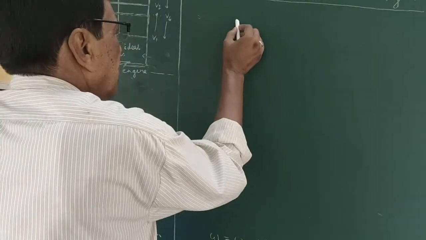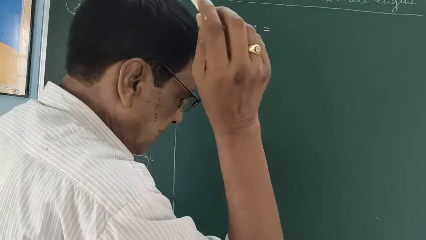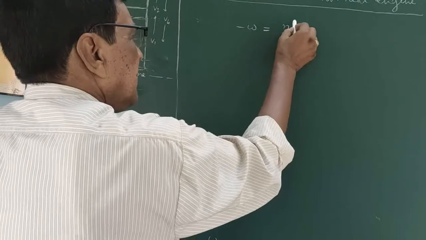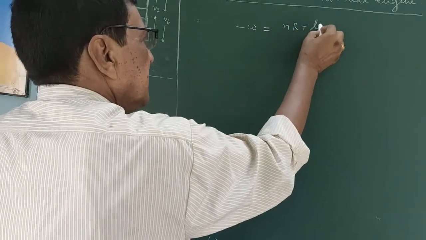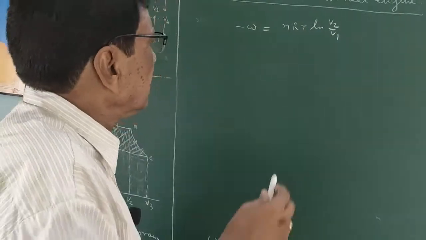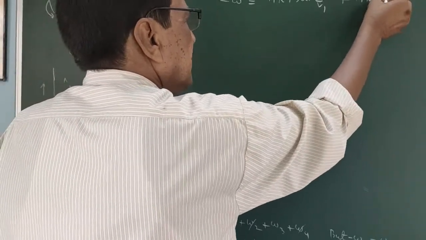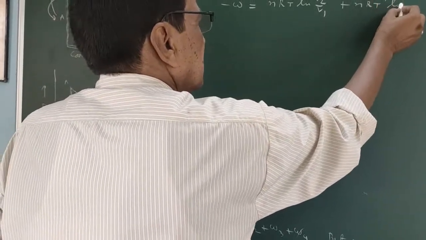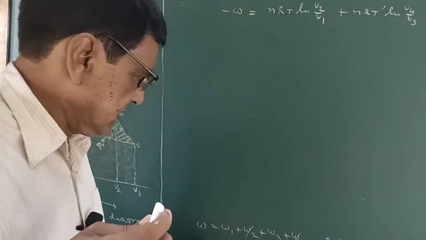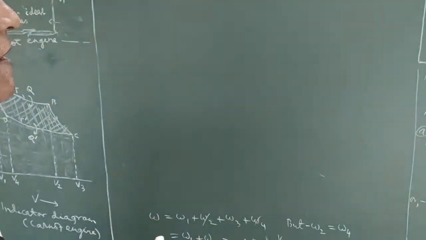So minus W, the work done by this engine, will be equal to minus W equal to nRT ln V2 by V1 and plus nRT dash ln V4 by V3. This is the one. Minus taken is inside, and these two become a plus.